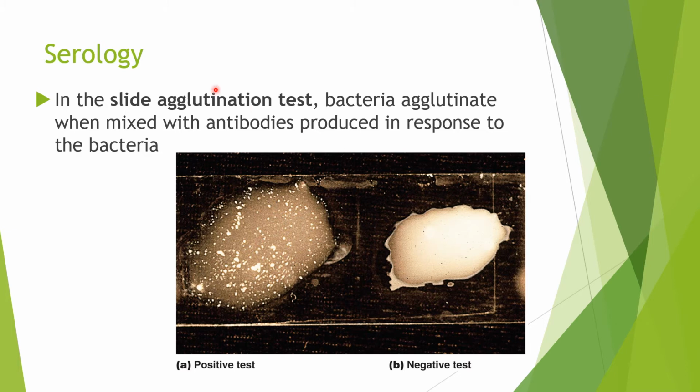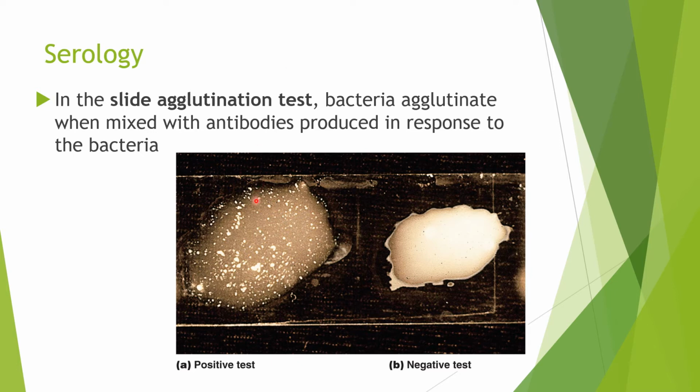And then you take the patient's serum, and you're wondering whether the patient has this bacterial infection. For you to figure it out, when you're extracting the patient's serum, if they do have that specific bacterial infection, then their body has already produced antibodies against it to help them fight it off.